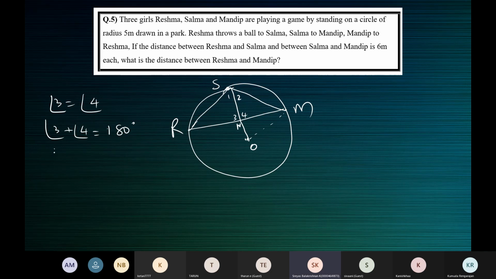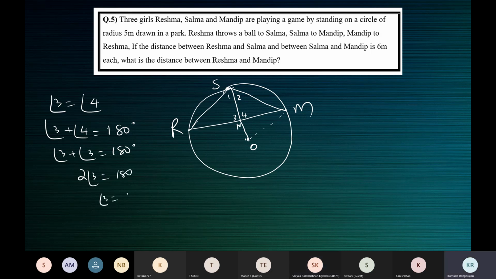Angle 3 plus angle 3 is equal to 180 degrees, as angle 3 is equal to angle 4. Twice angle 3 is 180 degrees, so angle 3 is 90 degrees. So we have proved that SN, or SO, is the perpendicular bisector of MR.